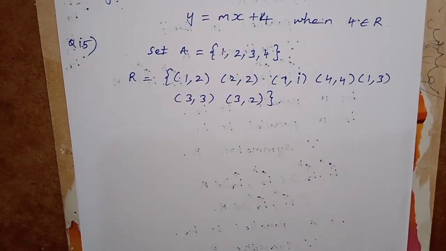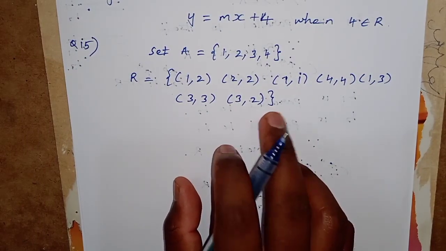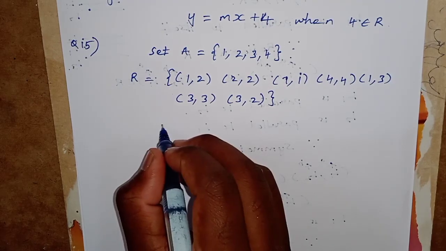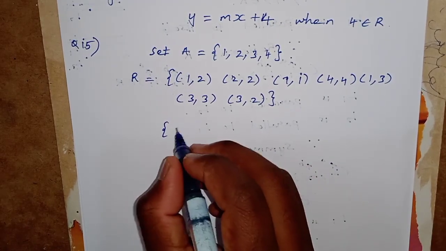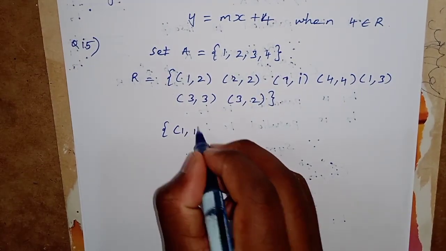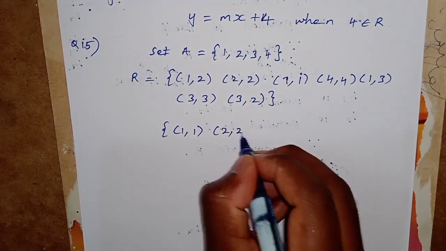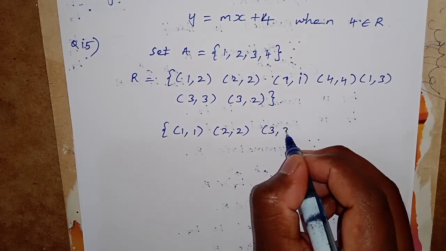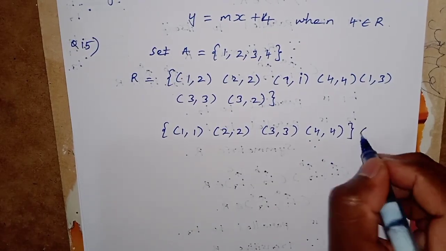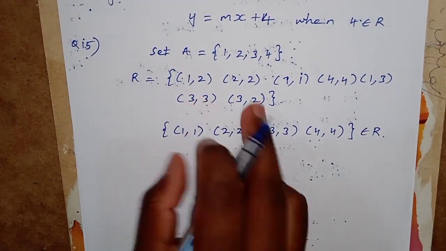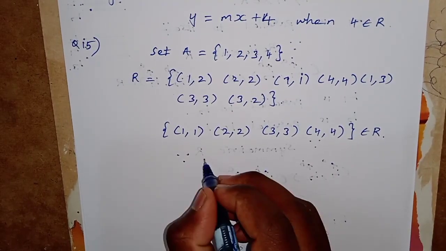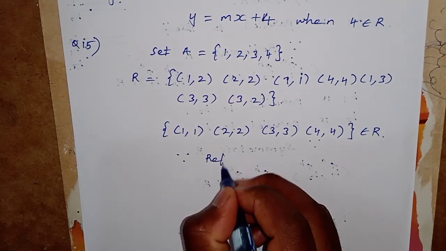For these ordered pairs, you have to check all 3 conditions. First one, reflexive. Reflexive means for every a belongs to capital A. Therefore, (1,1), (2,2), (3,3), (4,4) are present in our ordered pairs. Therefore, it belongs to R. Here, it is reflexive relation.